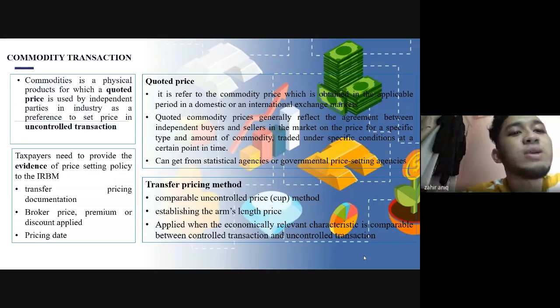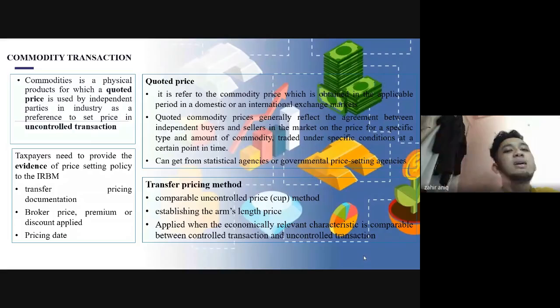Quoted price is an agreement between an independent buyer and seller in the market on the price for a specific type and amount of commodity traded under specific conditions at a certain point in time.